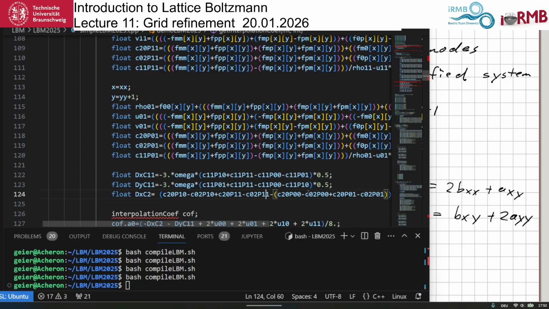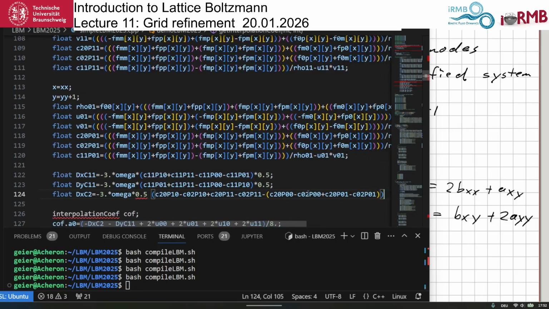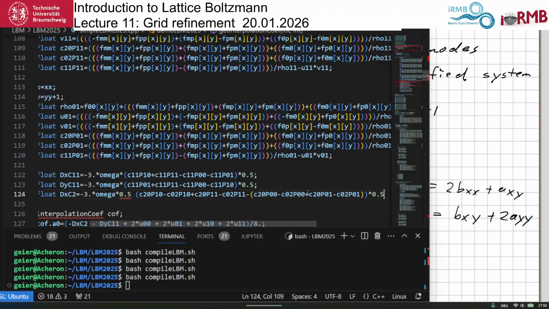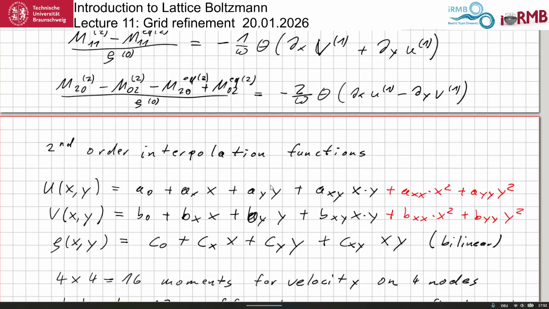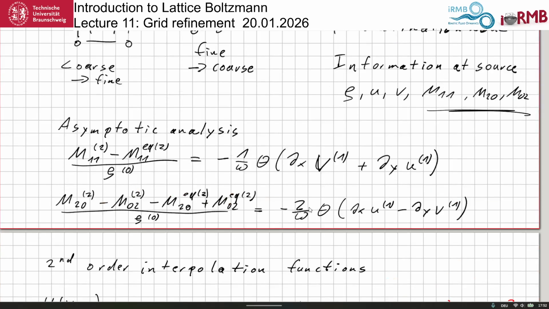So now again we have a minus 3 times omega, but also here this is multiplied by 0.5, and okay, I put the other 0.5 back here, so I'll do this again here, because the first 0.5 comes from the fact that we have a 2 here, yeah?